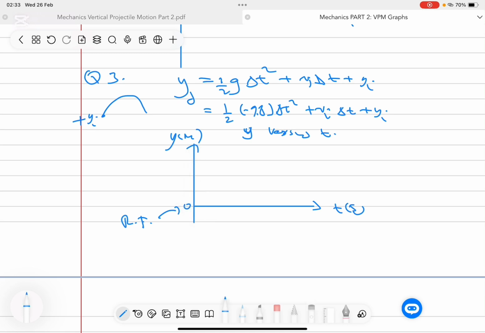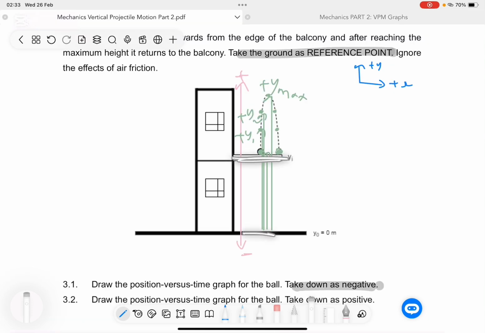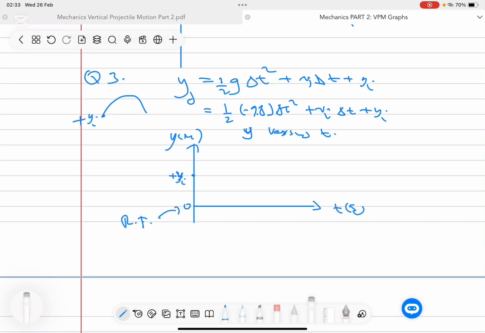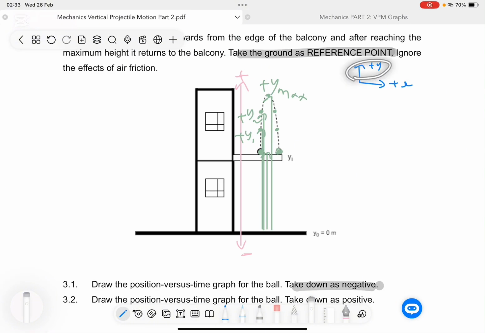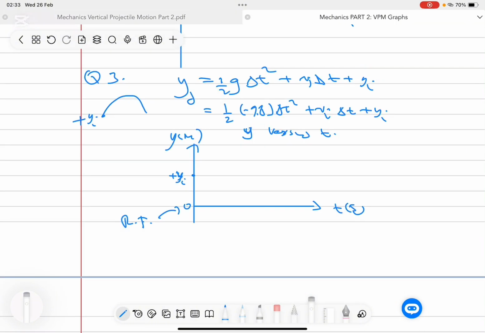Now this object begins by being at some position here, positive y initial. It doesn't start at 0 this time, it starts at some height above 0 here at the balcony. And it's a positive position because it is in the positive direction when we measure it from 0 to here.